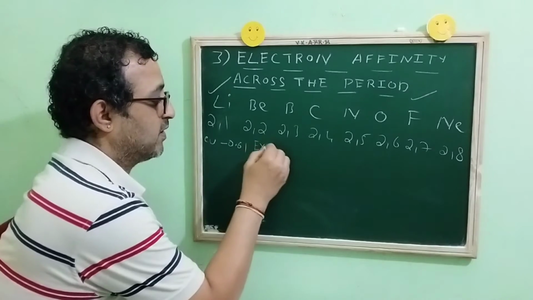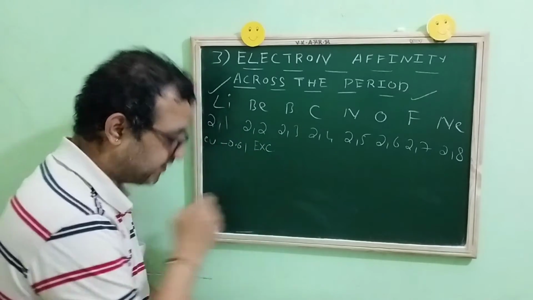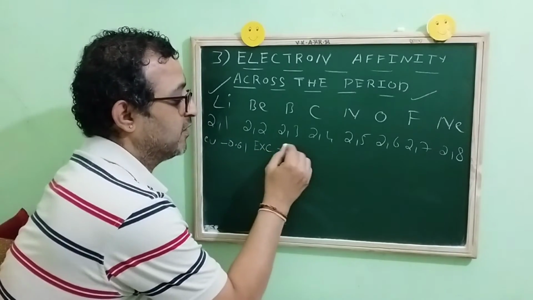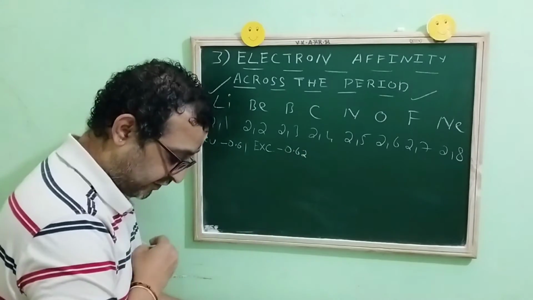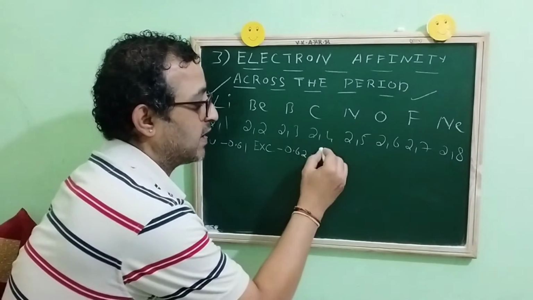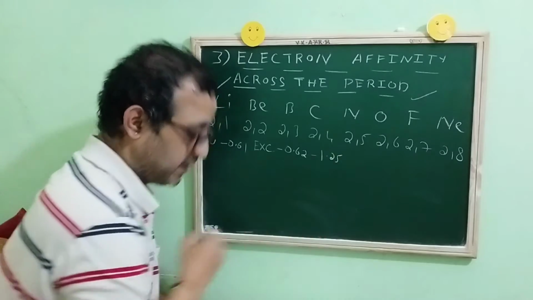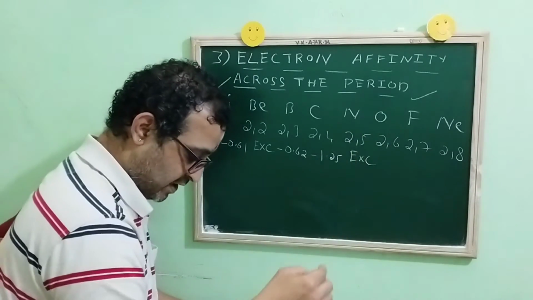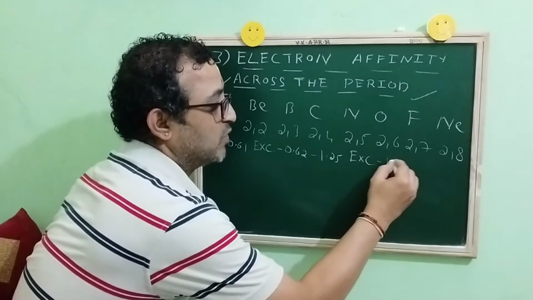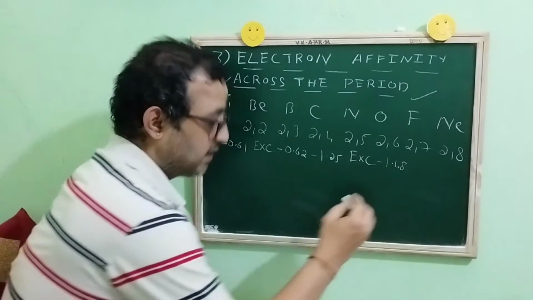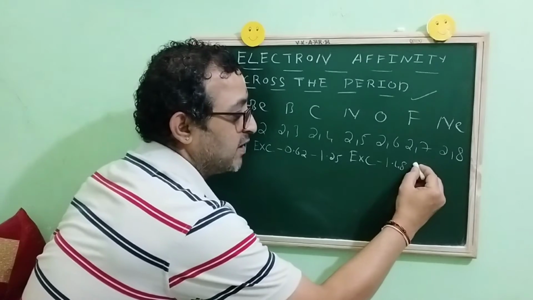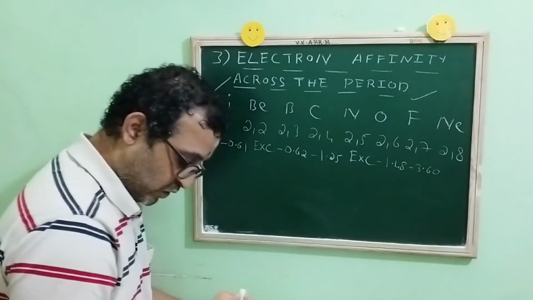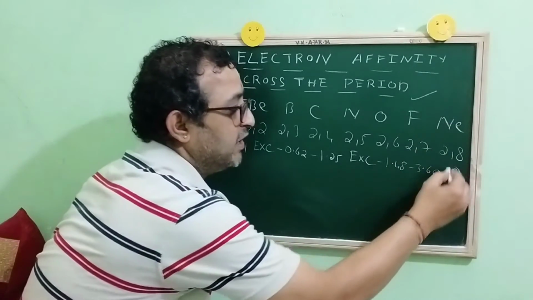For beryllium it is exception. Boron 0.62, carbon is minus 1.25, nitrogen is exception, oxygen is minus 1.48 and fluorine is minus 3.60, and for neon it is 0.